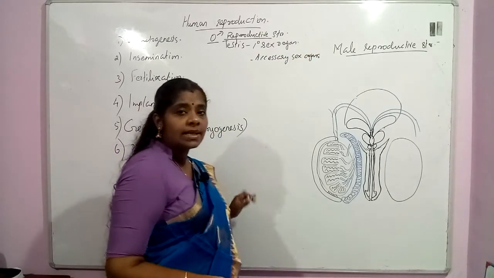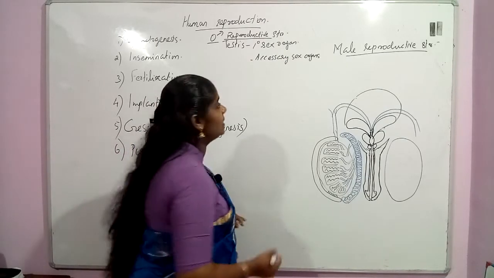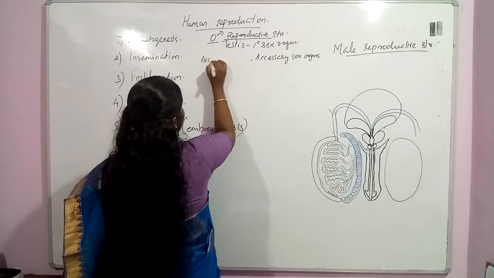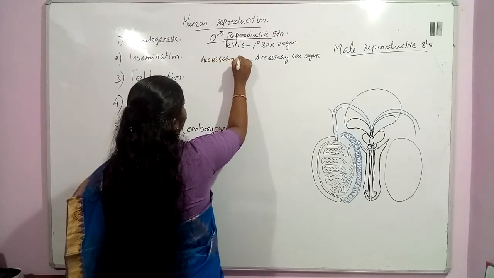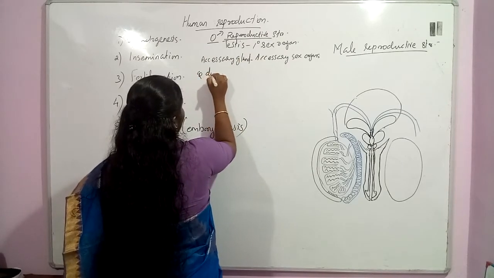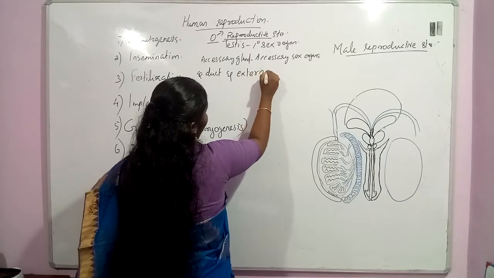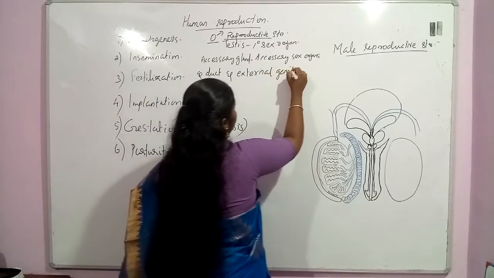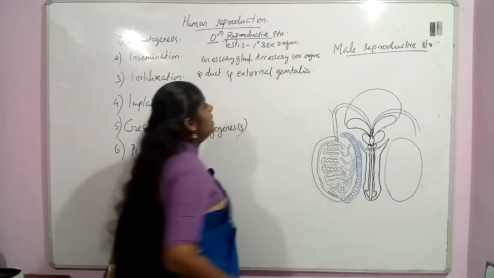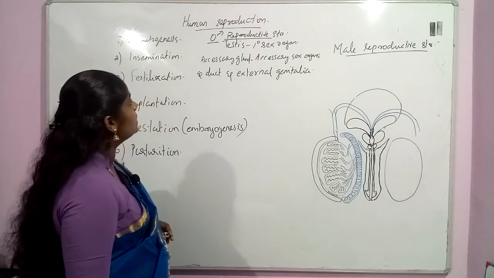The accessory sex organs include the accessory glands and ducts and external genitalia. This is the secondary or accessory sex organ in the case of male.